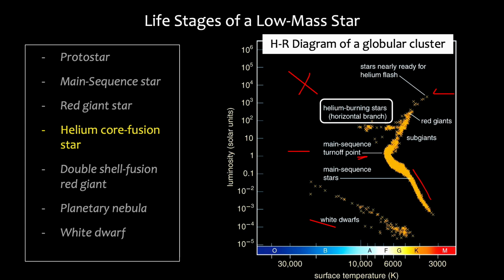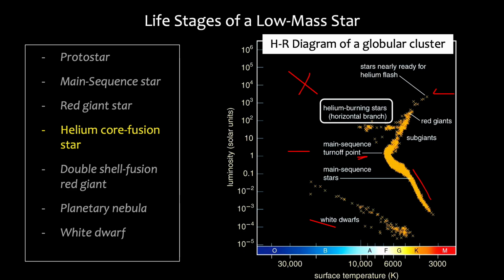So what that means is, these stars at the turnoff point look like the G spectral type, like our sun, and they have already lived the full 10 billion years, and they are ready to turn off. So it's not like our sun. Our sun is not ready to turn off.